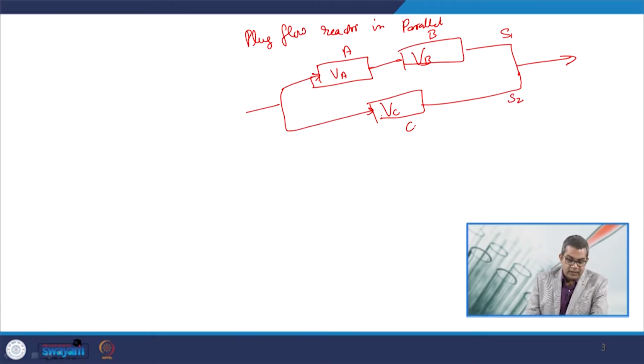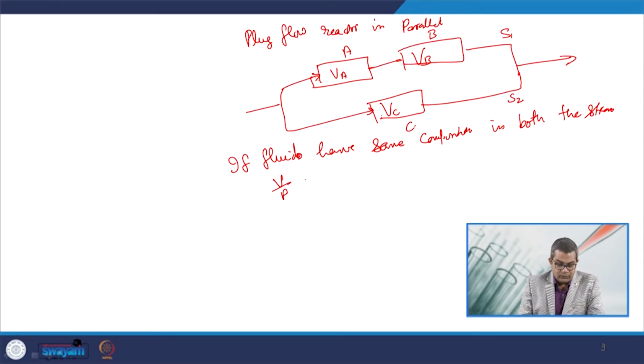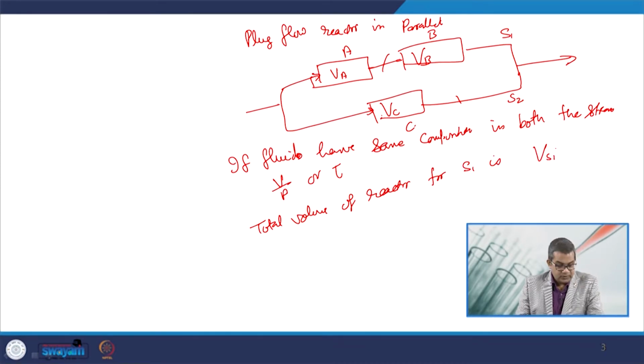Now, if the fluids have the same composition in both streams, then the reactors in parallel have the same V upon F, or tau, which we have represented in each parallel line. So, these are the parallel lines. So, the total volume for stream S1 is Vs1, Va plus Vb.